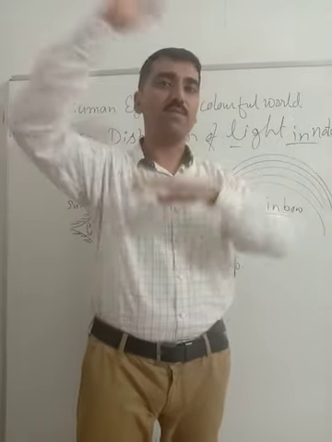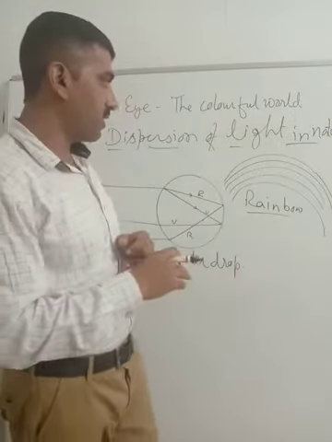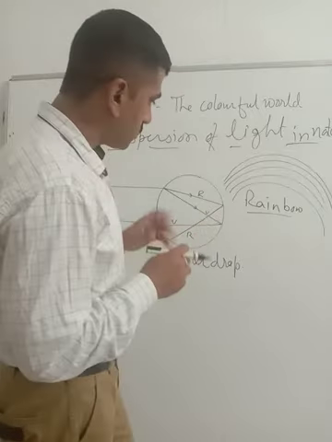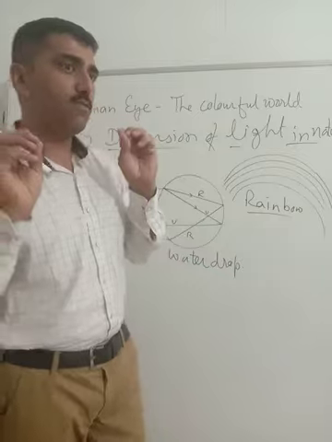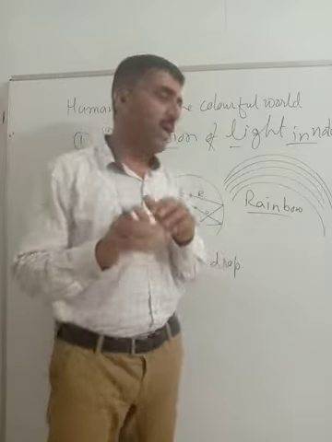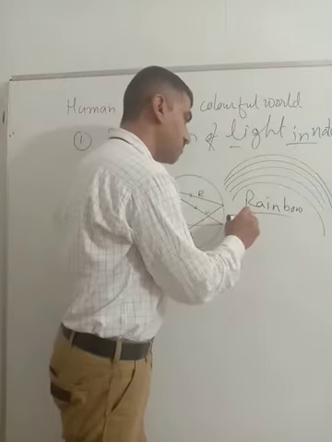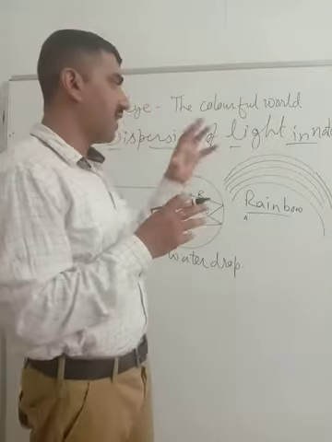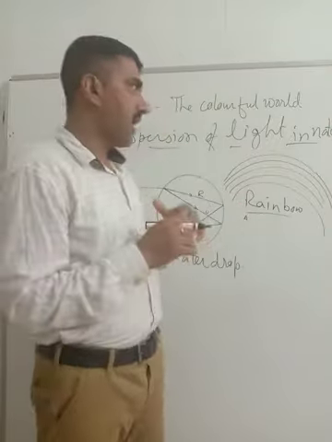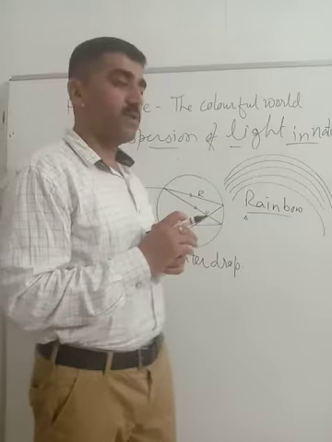Practically, what is the reason behind this? I told you that tiny micro water droplets behave as tiny prisms, and because of the combination of that, white light splits into 7 colors, and this phenomenon is called dispersion of light.